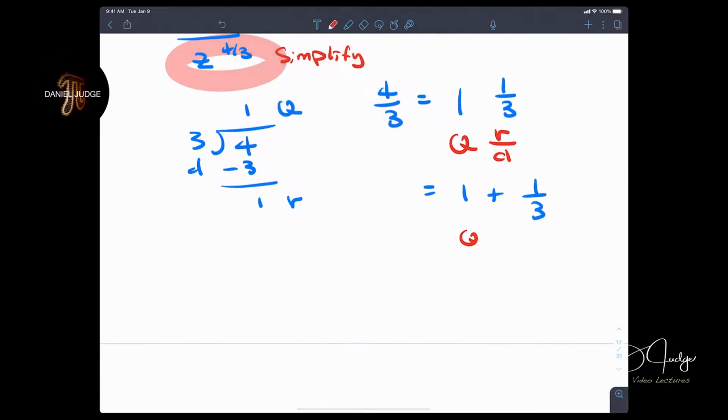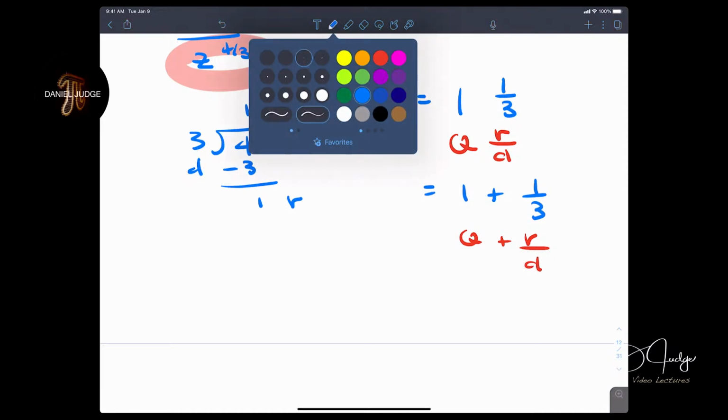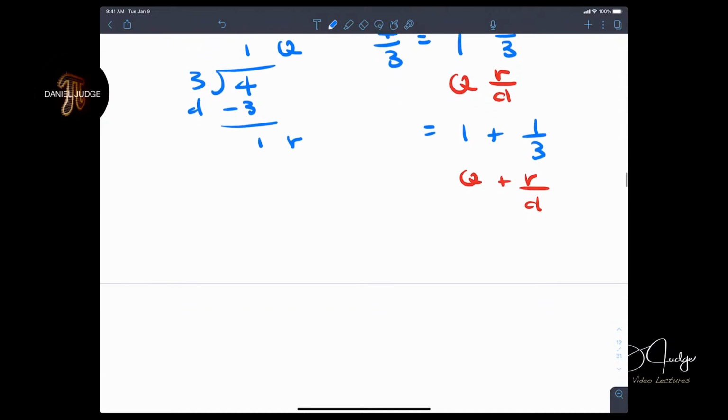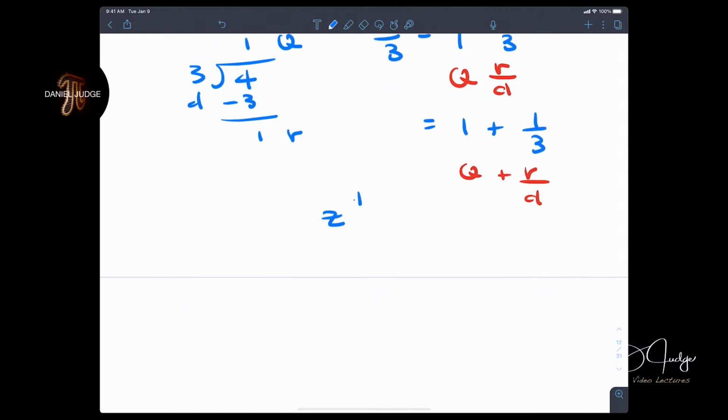Okay, remember this is what's really happening. So that now means z to the 4/3 is z to the first power plus 1/3.